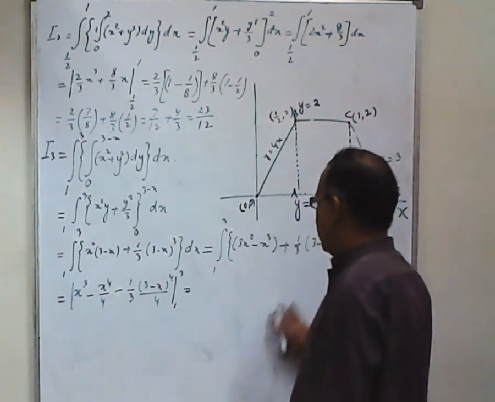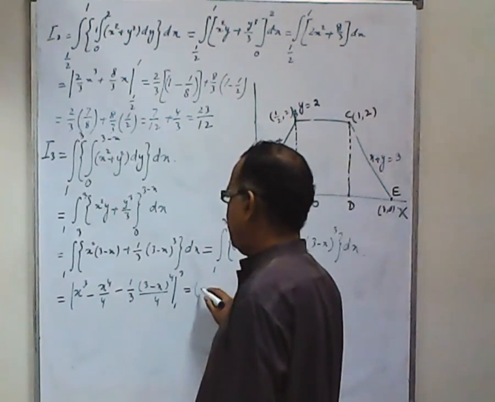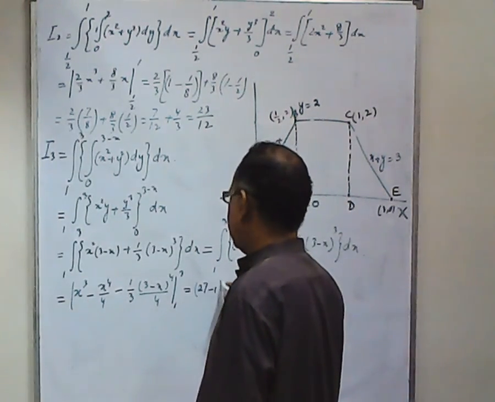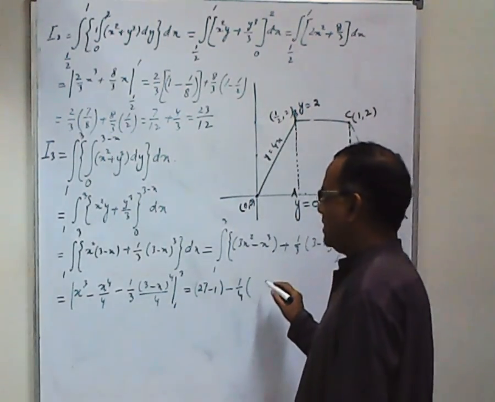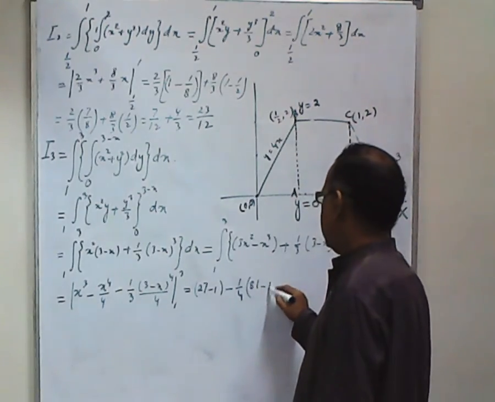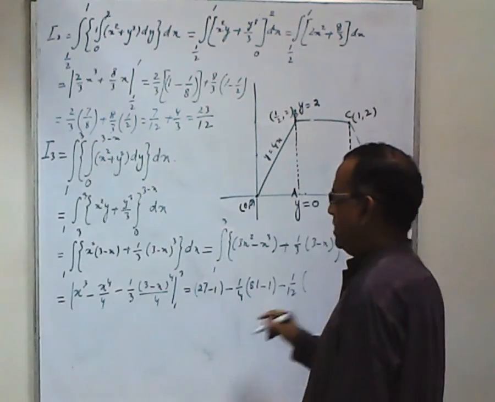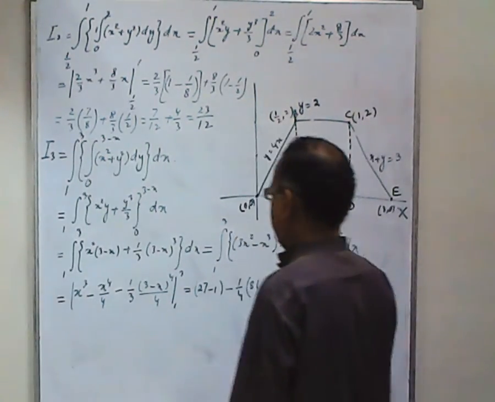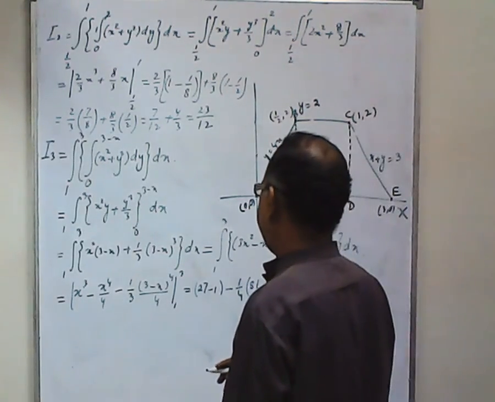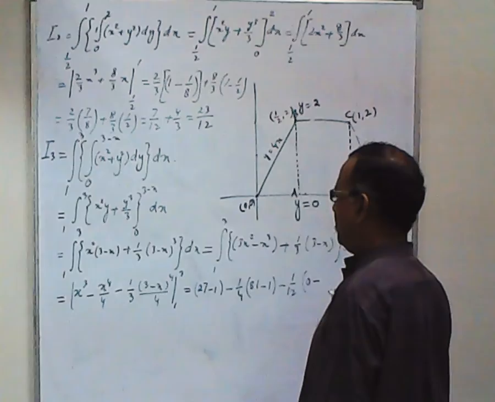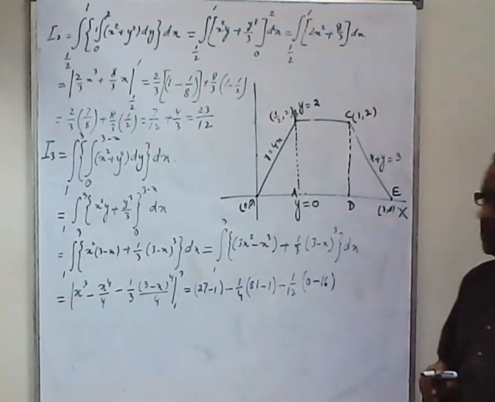So this will be equal to, if I substitute in this term, 3 3 is 9, 9 3 is 27, minus 1 by 4, 3 3 is 9, 9 3 is 27, 27 3 is 81, minus 1 upon 12, and then 3 minus 3 is 0, and then 3 minus 1 is 2, 2 power 4, 2 to the 4, 4 to the 8, 8 to the 16, so this is 0 minus 16.